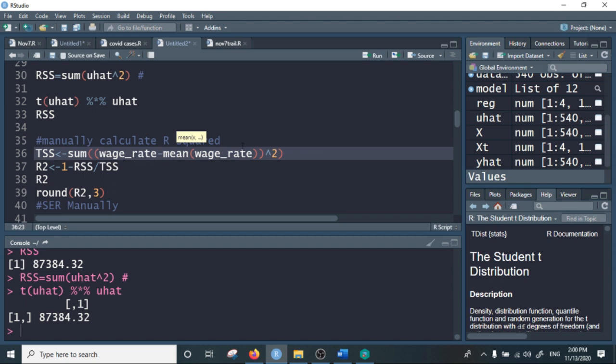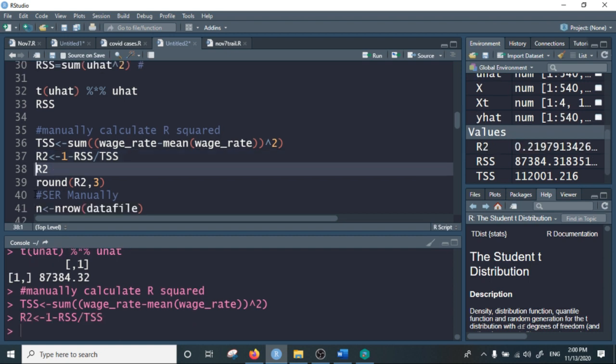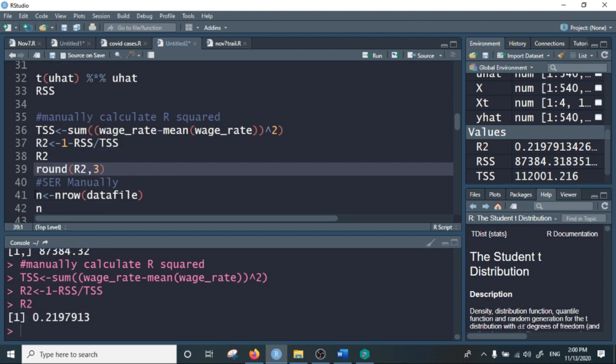So we simply write here y minus mean of y squared and then summed. So this will define the total variation in R, and now we can define the R squared as 1 minus unexplained variation divided by total variation, and we can look at the value of R squared, and it's 0.2197.